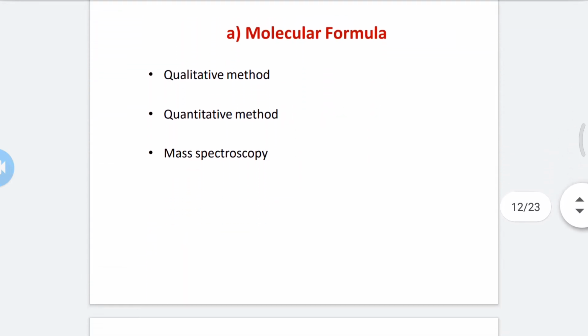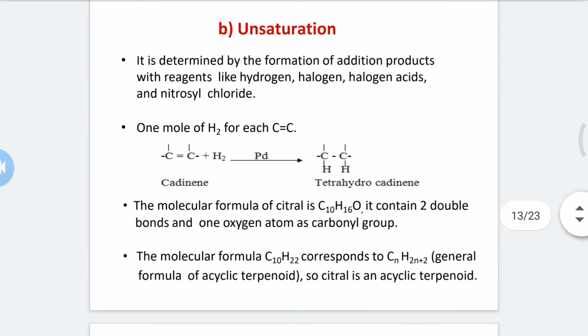First, molecular formula. These methods are used: first the qualitative method, then the quantitative method, and then mass spectroscopy. These three methods are used for molecular formula determination.